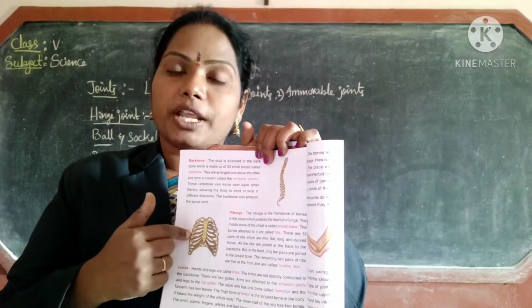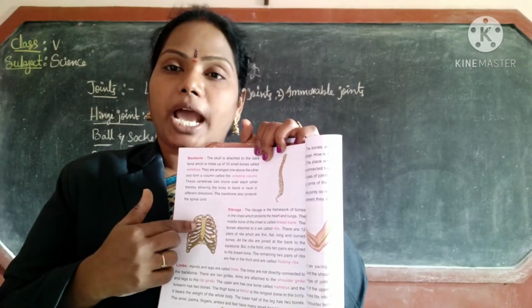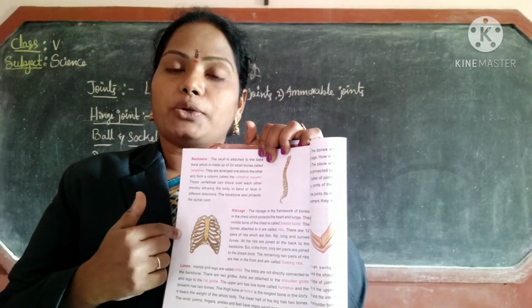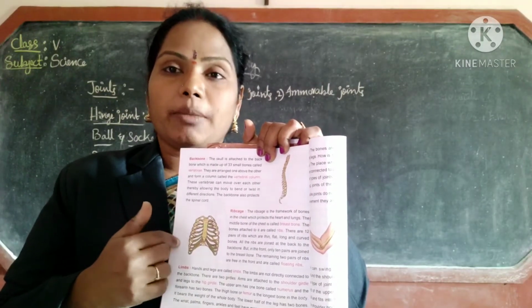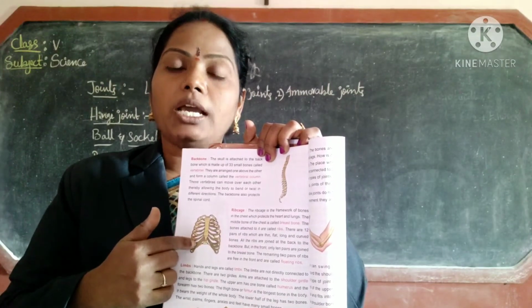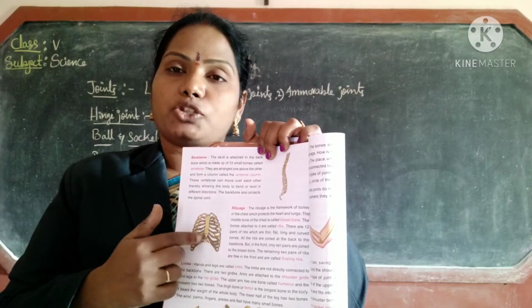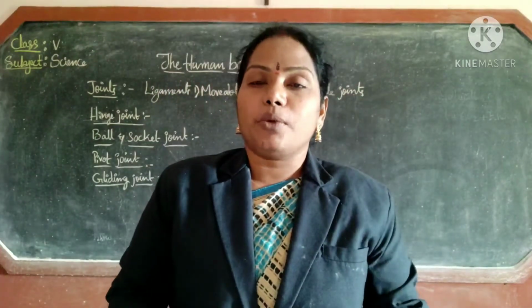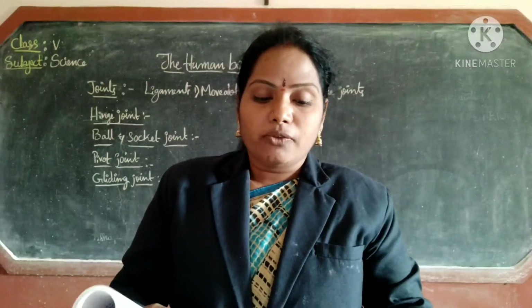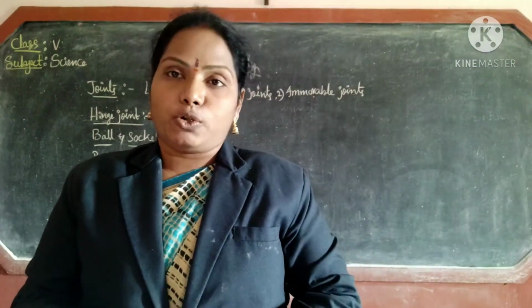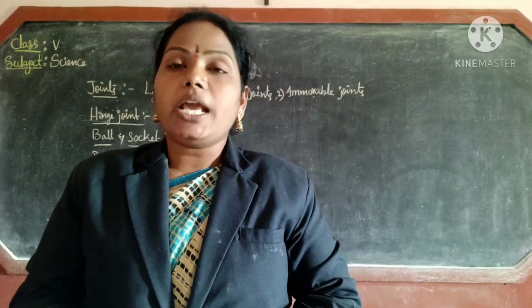Of those, 10 pairs are attached to the breastbone and to the backbone, and the remaining one pair do not attach to the breastbone. Understood? So they are called floating ribs.